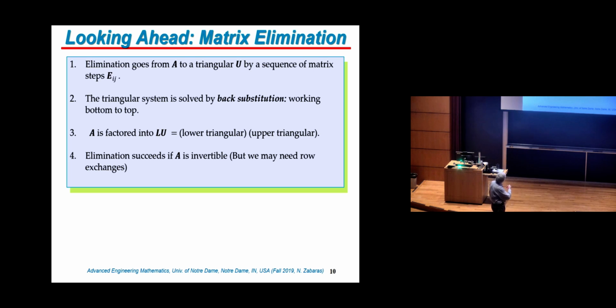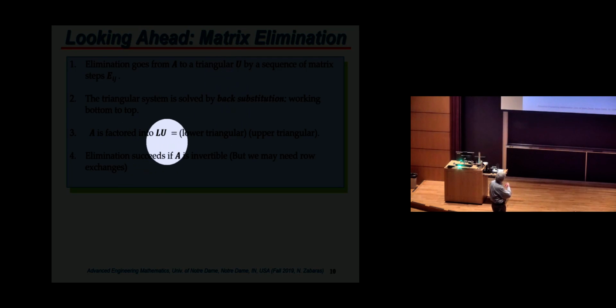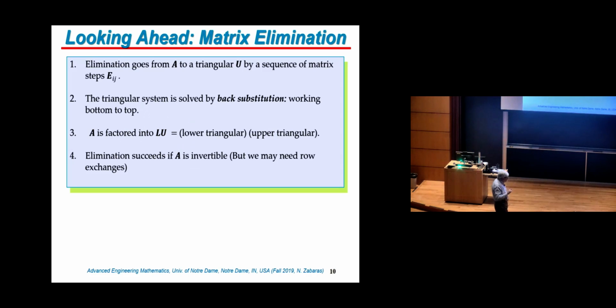Also, I'm going to emphasize, as part of the elimination process, we're going to factor, or write, if you like, A as the product of a lower triangular matrix times an upper triangular matrix. So this is, unless you heard already about this, your first major decomposition of a matrix into 2 simpler matrices, one lower triangular and one upper triangular.